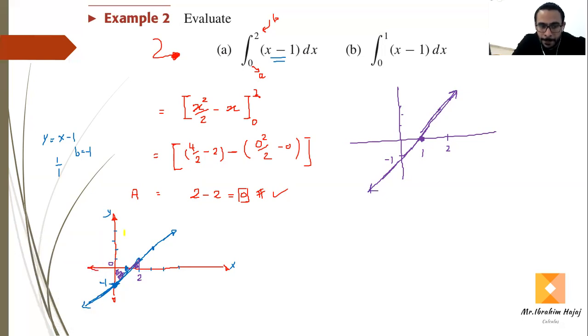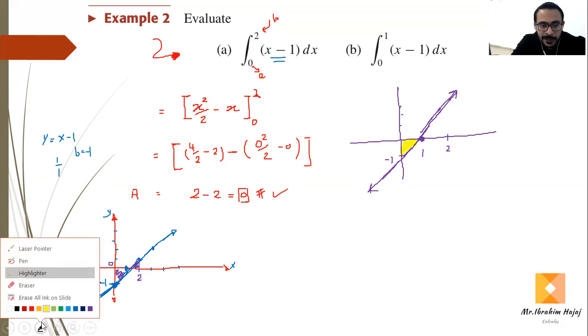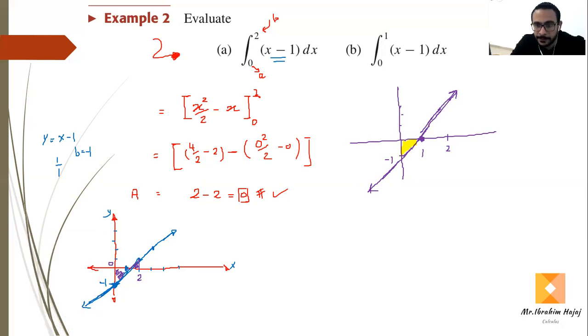Geometrically, to find the area of this triangle, it's a right triangle. What's the area of the triangle? Half b h. So it's half times the height, which is 1, times the base 1, which is 1/2.